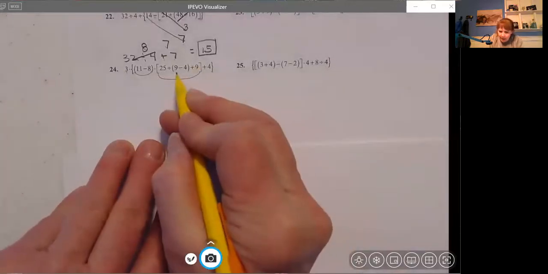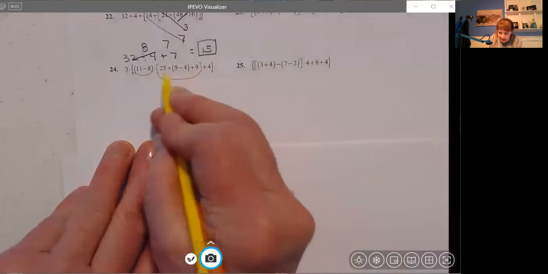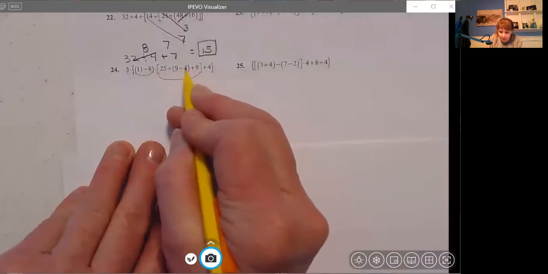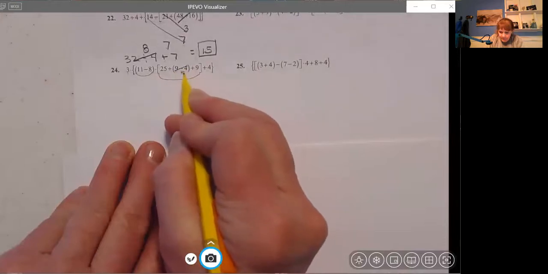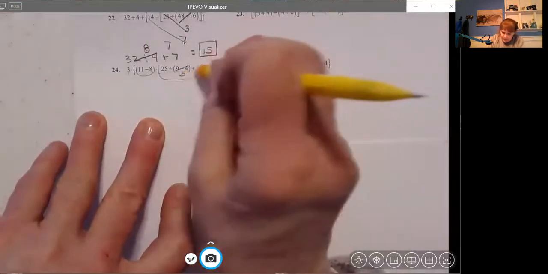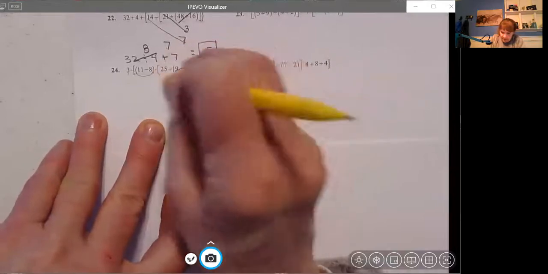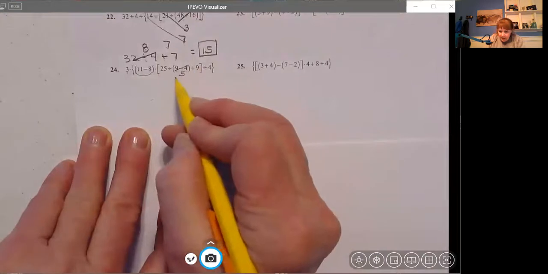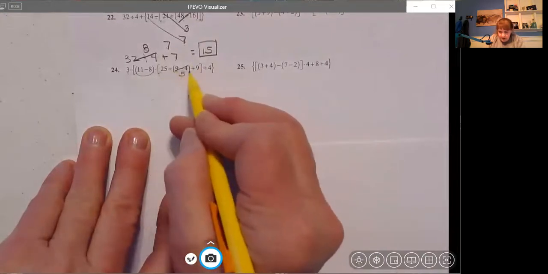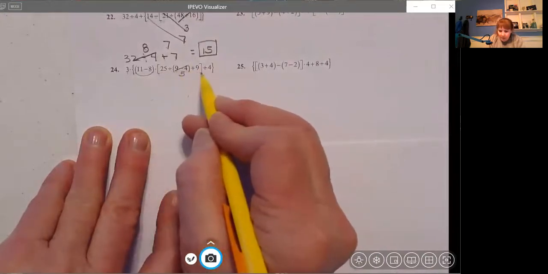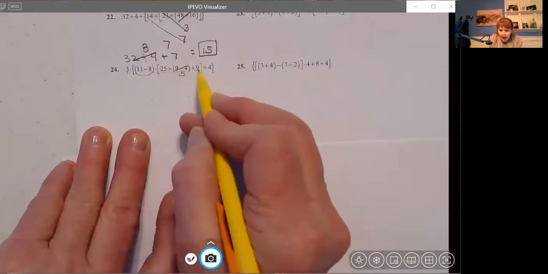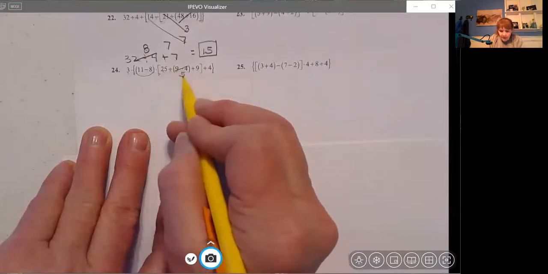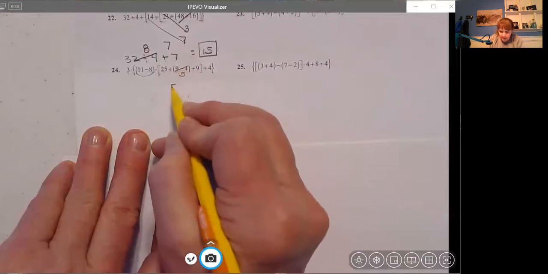So let's take, and working on the inside of this, here we do PEMDAS, we take 9 minus 4. I think I might erase this, so we don't have too many marks here. Then within the bracket, we're going to do division and then adding. So here we'll take 25 divided by 5, which is 5.